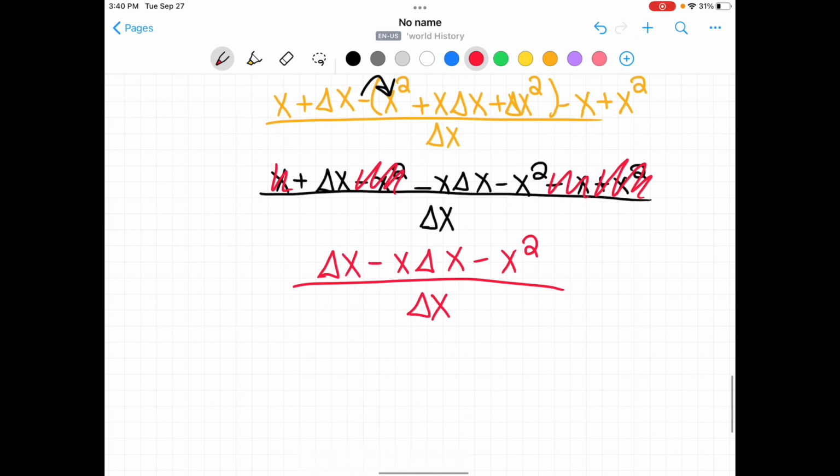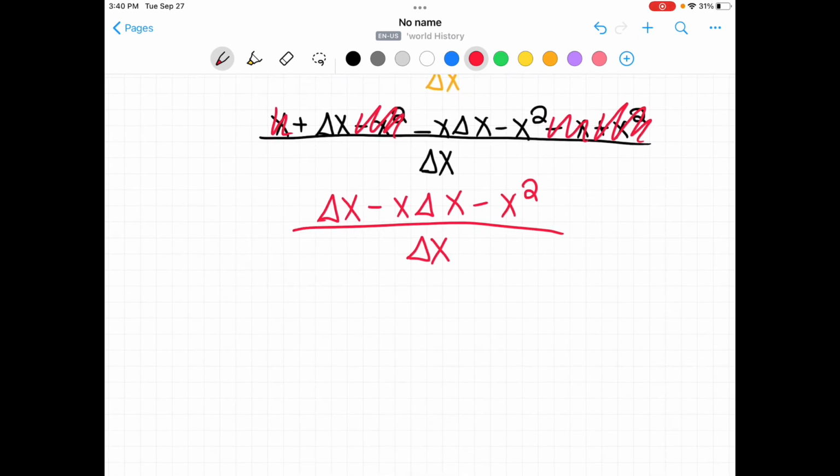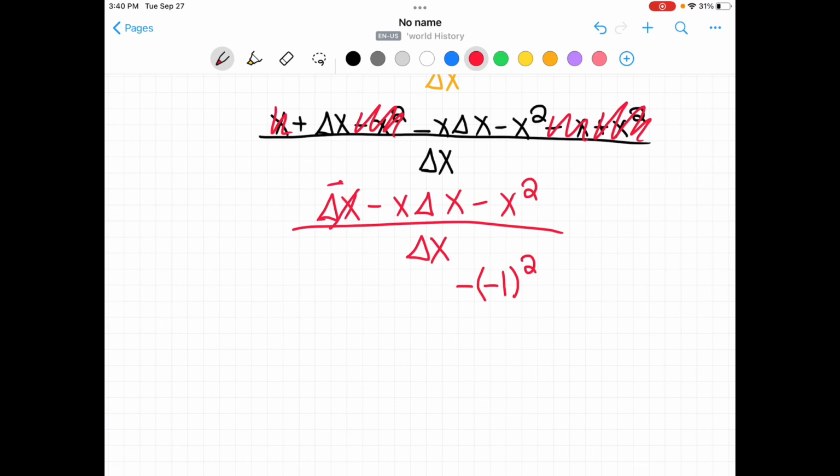So now we're going to go ahead and distribute that number. So just be -1 squared, because these numbers, they just go to 0. So just give us that. -1 squared is going to equal 1, which is just going to give us -1.